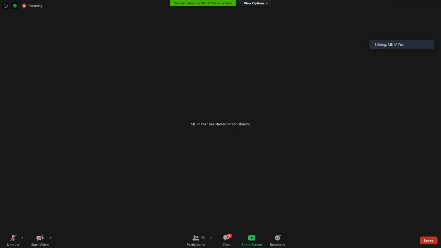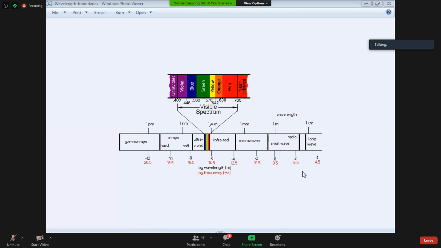So I'll share it with you. You are getting my screen. Yes, sir. Now if you observe, this is the light spectrum. Whatever the VIBGYOR colors you are getting are only this small portion.